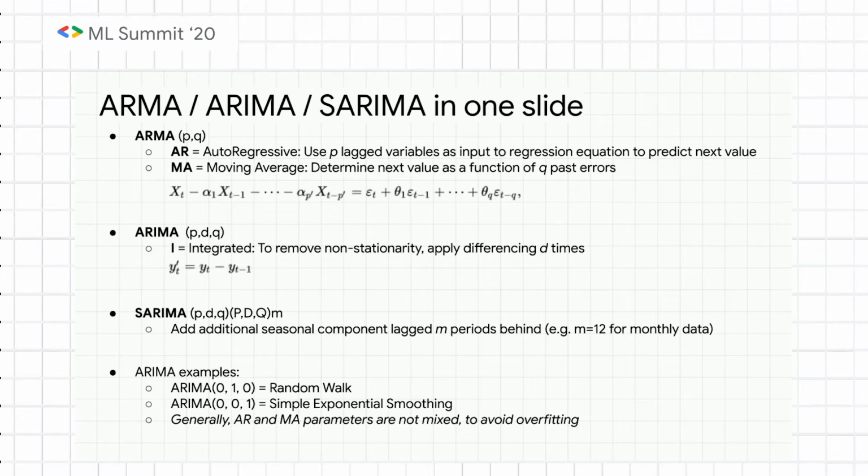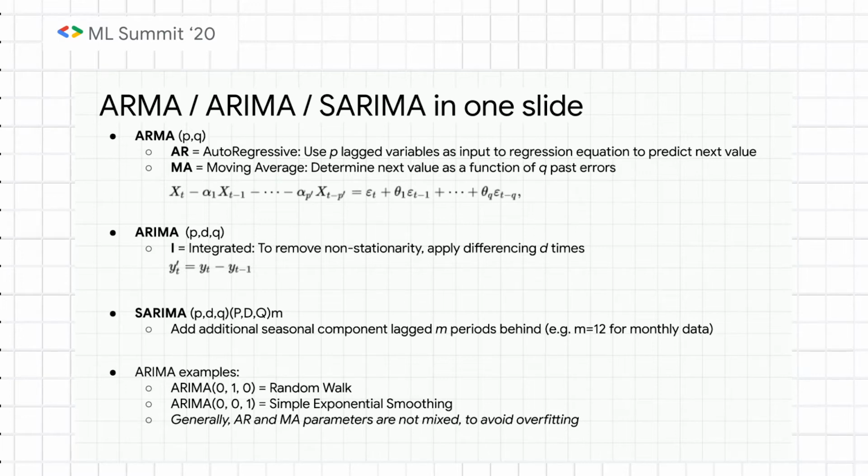So the first one we're talking about here, ARMA, consists of two different methods, right? You see it's made up of two pieces, autoregressive and moving average. The first part, autoregressive, what we're doing here is we're creating a regression where we're applying a coefficient to the previous values, one historical data point back, two historical data points back, figuring out what that optimal coefficient is for each of those.